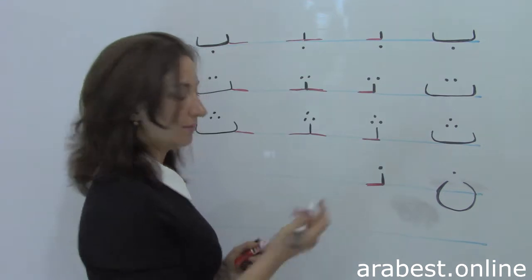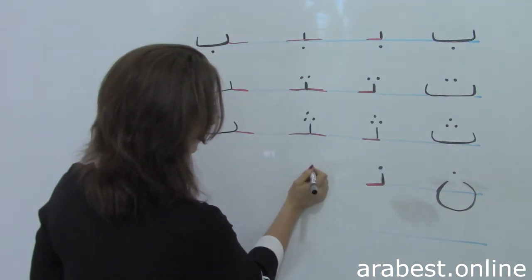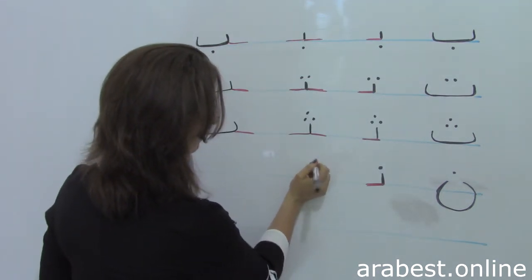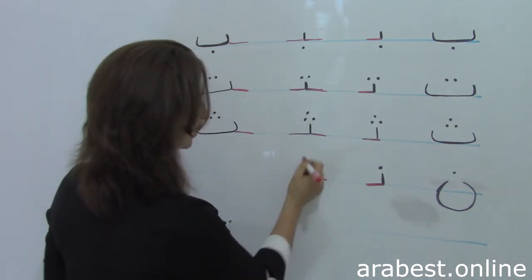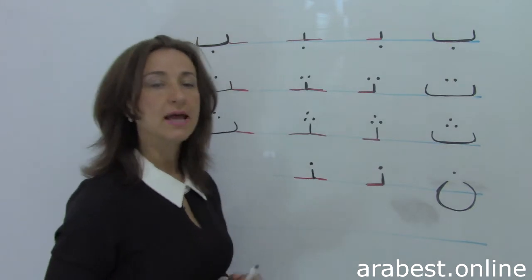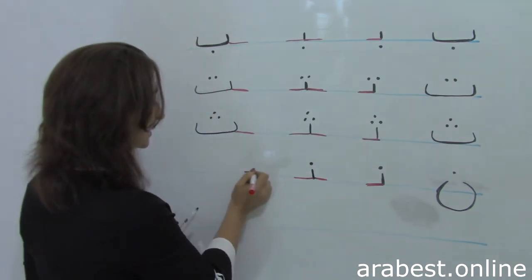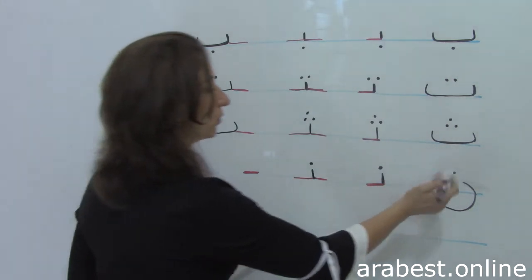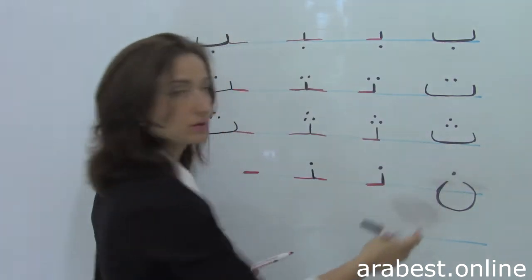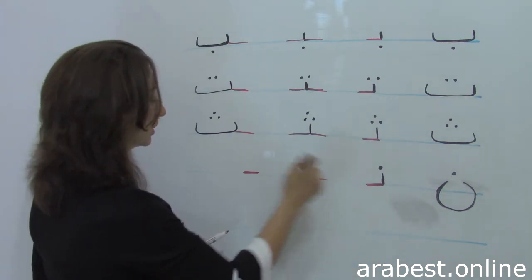Letter nun in the middle of the word will have a form like that, a vertical stick with one dot above. And in the end of the word, all the parts lost will come back.